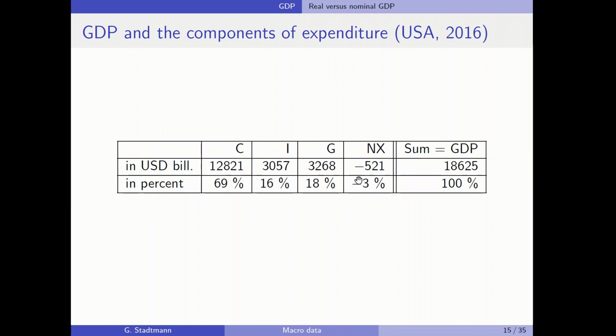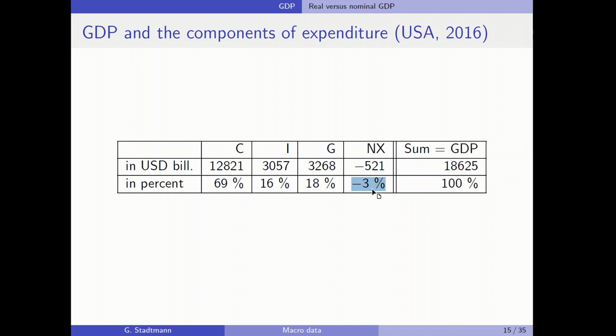What is also important is this negative sign. The US has a current account deficit, which implies that the US is importing more than it is exporting. This is a very important observation. It's very important insofar as Trump is always in this trade conflict with China.